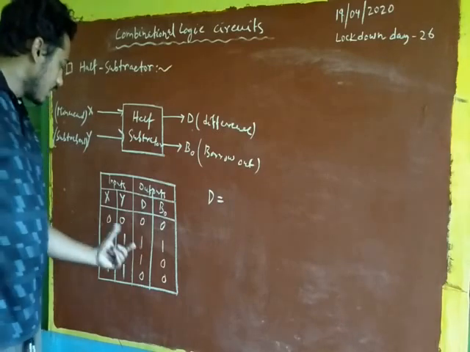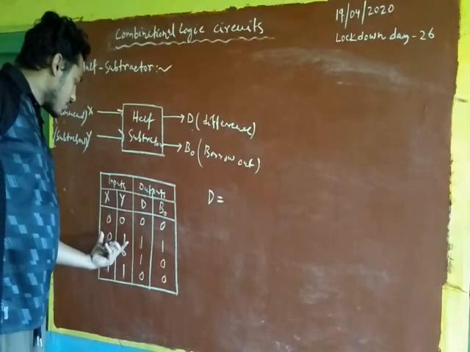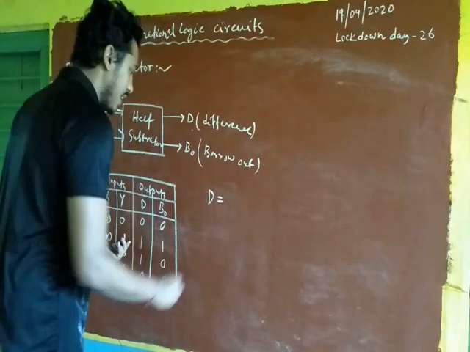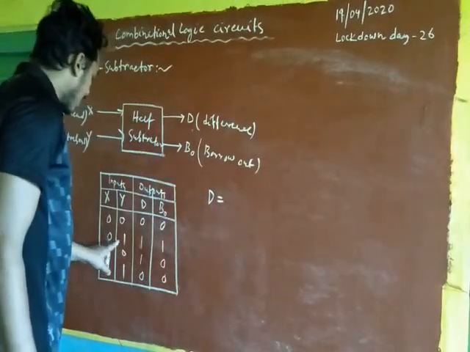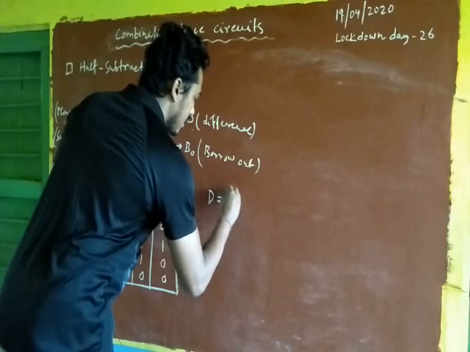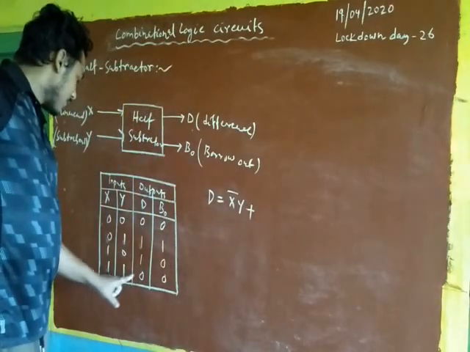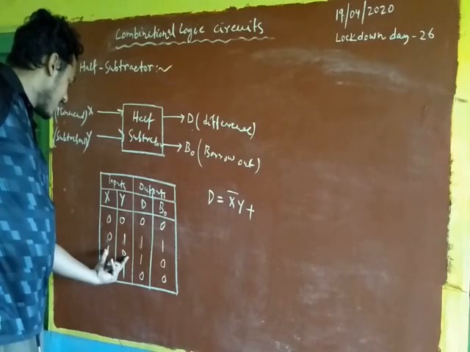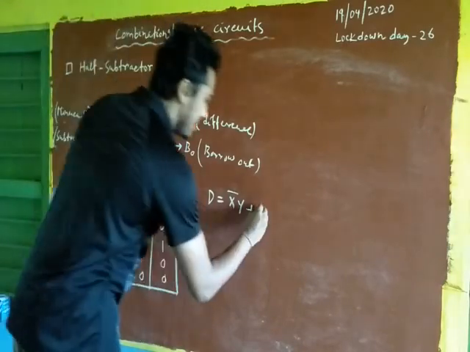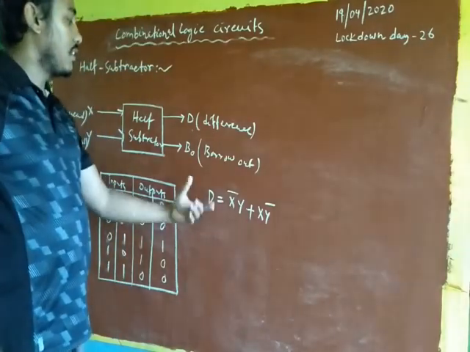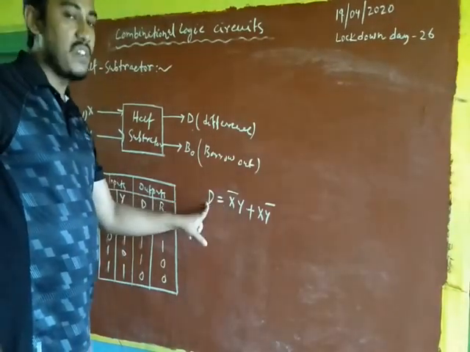For the first one, the corresponding combination of input is x bar y. Summing up means plus. For the second one, the combination is x y bar. So this is the expression for the difference output.